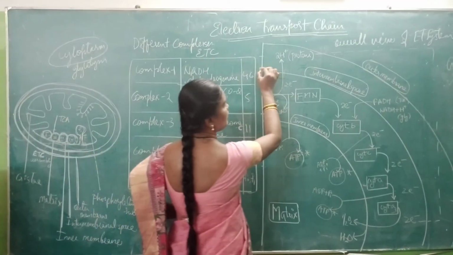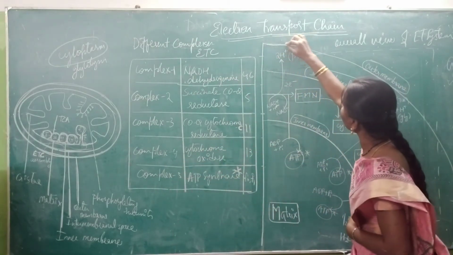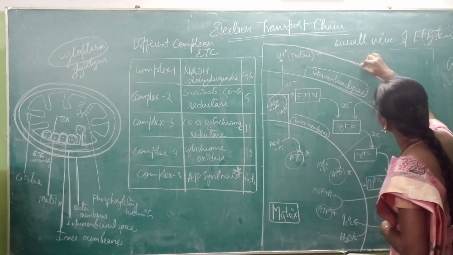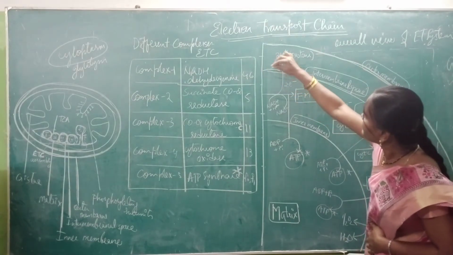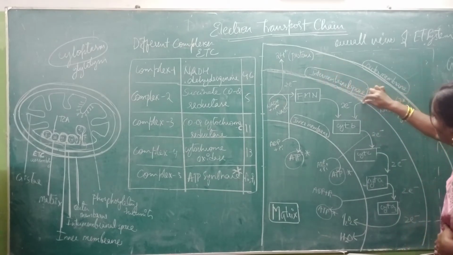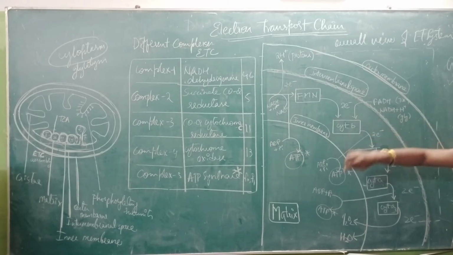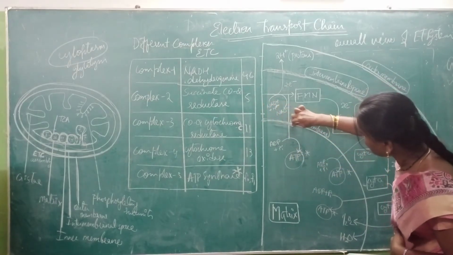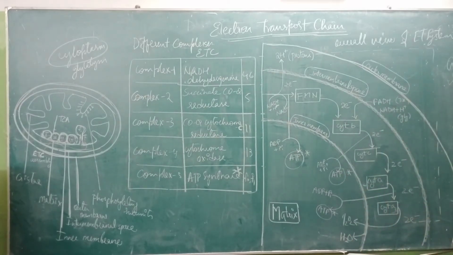See, this is your outer membrane. This is your intermembranous space. This is your inner membrane of your mitochondria. Got it?